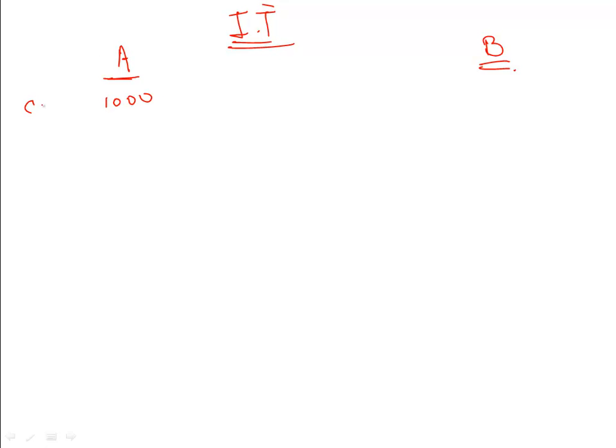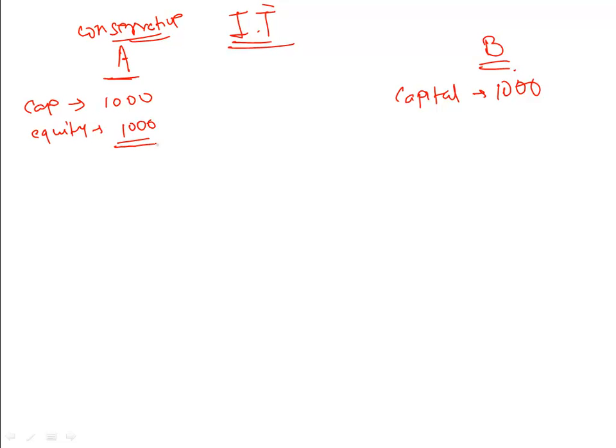So the total capital is the same, 1000. But in case of A, which is a conservative company, this entire capital is the one which has been given by the promoters. That means the owners invested this entire 1000. We call the owners' money equity. So the entire 1000 is equity.